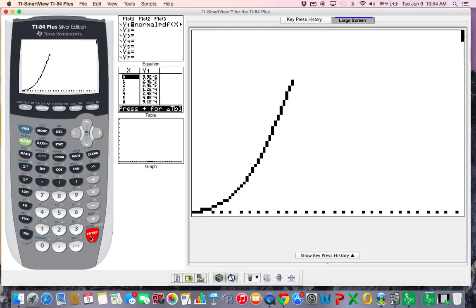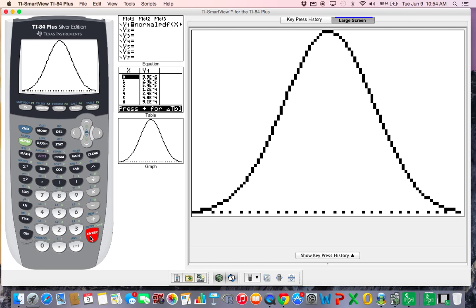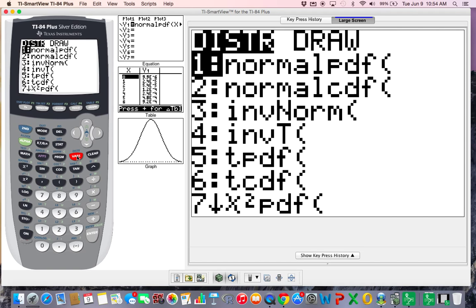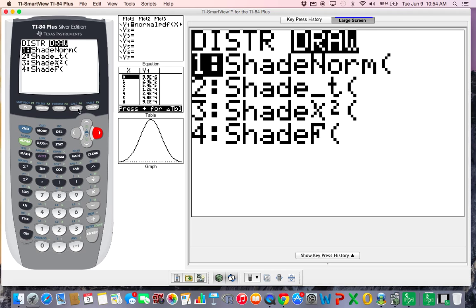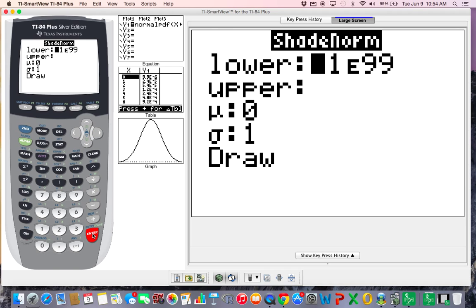So if I go zoom fit, the calculator's going to work a little bit, and it's going to give you the most perfectly drawn normal distribution you have ever seen in your entire life. There it is. Now, it doesn't work the problem yet, but it will. If you come in here, second function, distribution, and go over to draw and do shade norm.